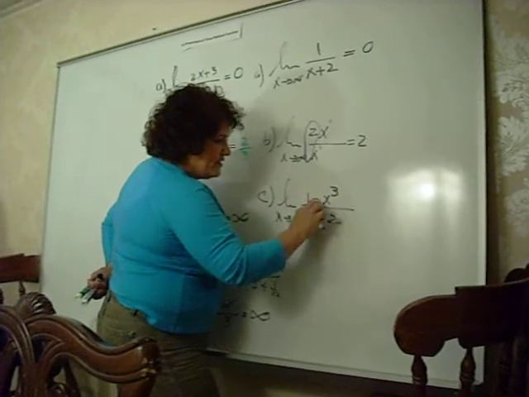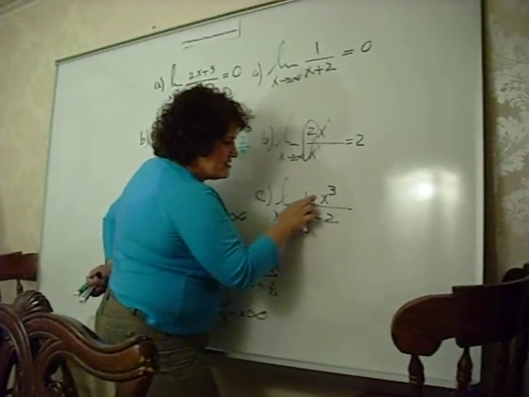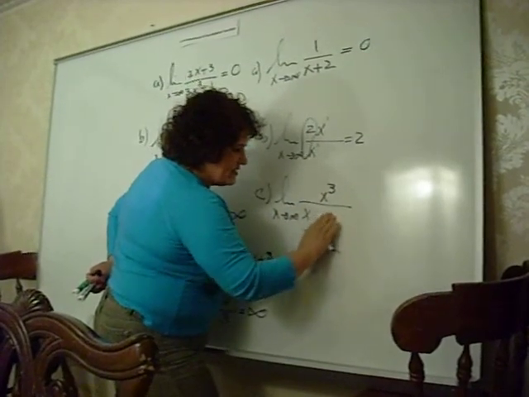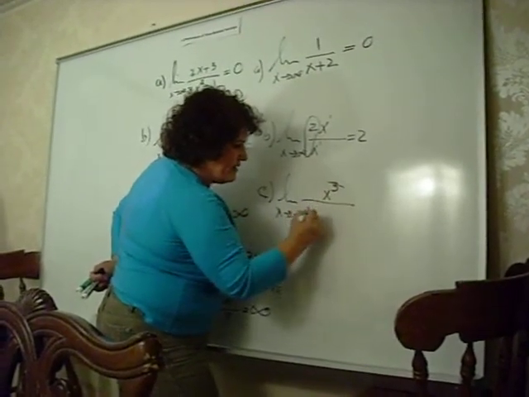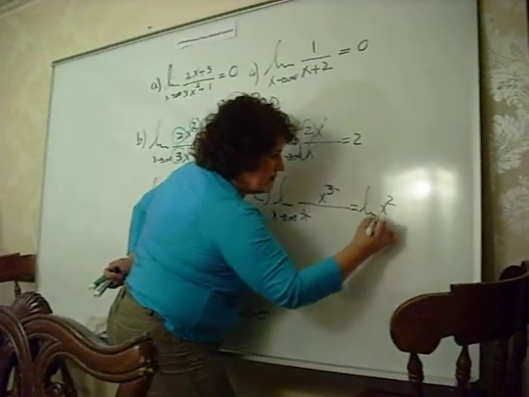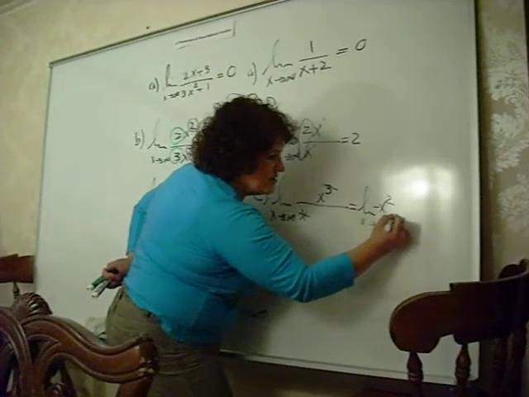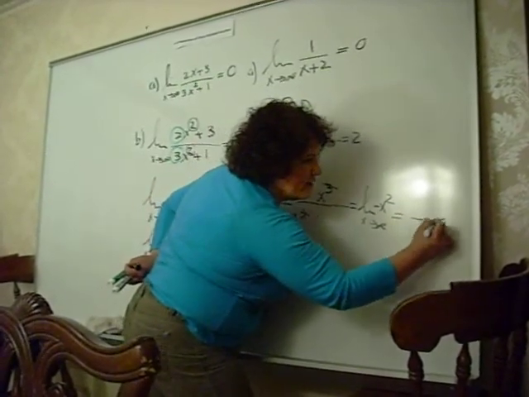When I put infinity, the 1 is nothing compared to the x term, so it's limit of negative x squared, and when x approaches infinity, the final answer is negative infinity.